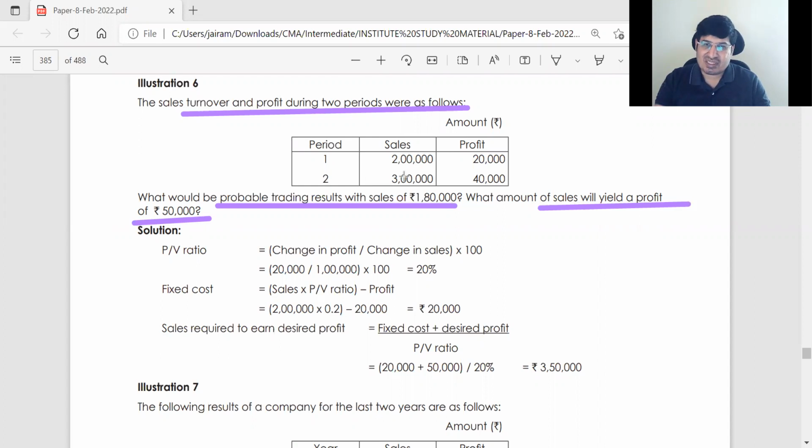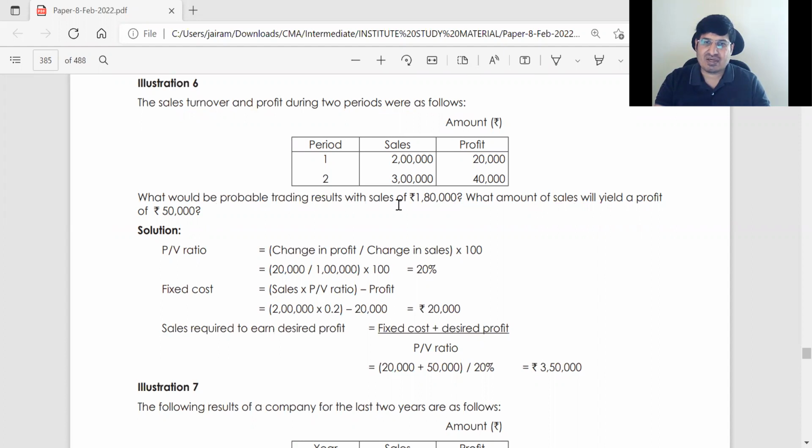Okay, so for this, first what we should do is find out PV ratio from this. I'll just take this part only to our data.